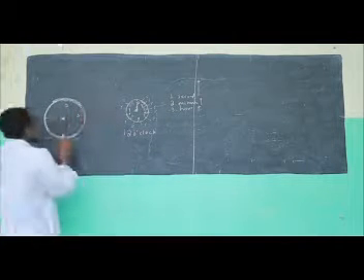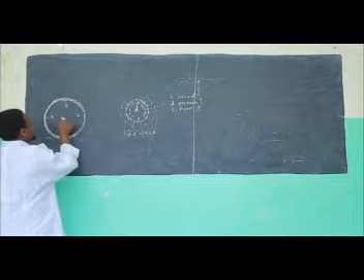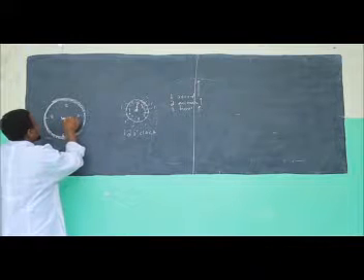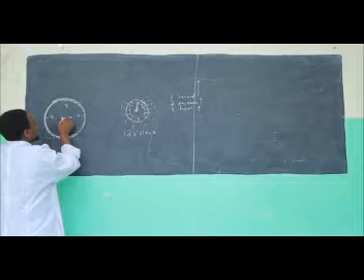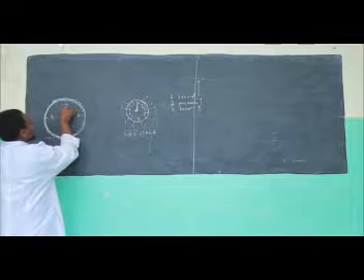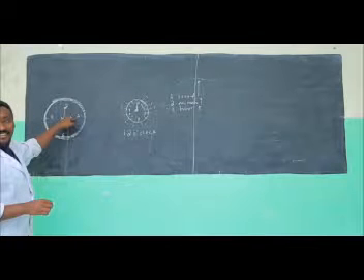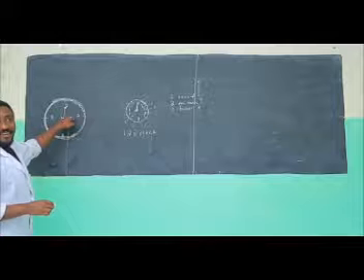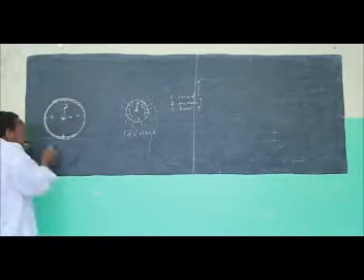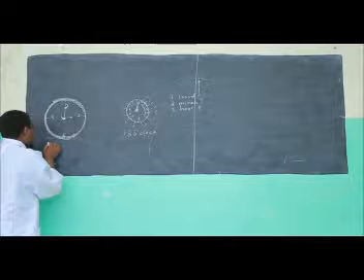Okay, let's say the hour counter is here, the shortest, at 3, and the minute counter is here, at 12. Yes, what is the time? It is 3 o'clock.